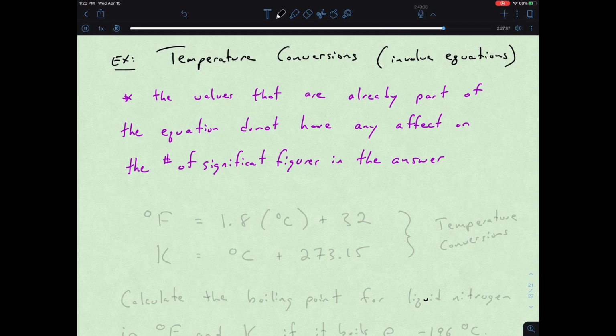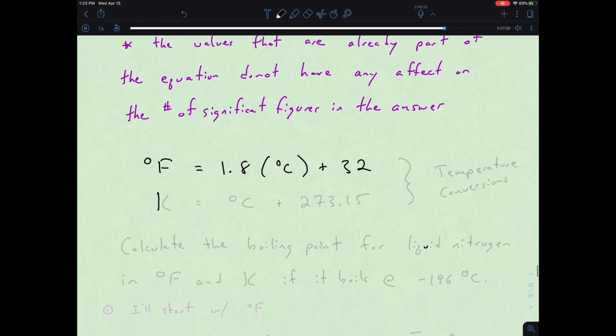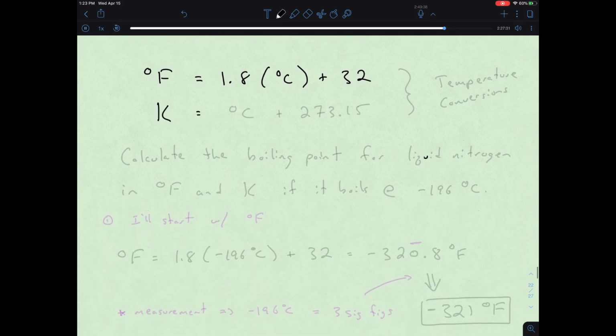So that's the idea. With temperature conversions, we have basically two styles, if you will. Right, we have degrees Fahrenheit and degrees Celsius conversion, which looks like this. And then we also have the idea of Kelvin.